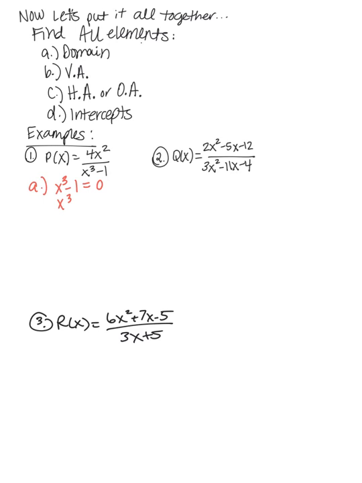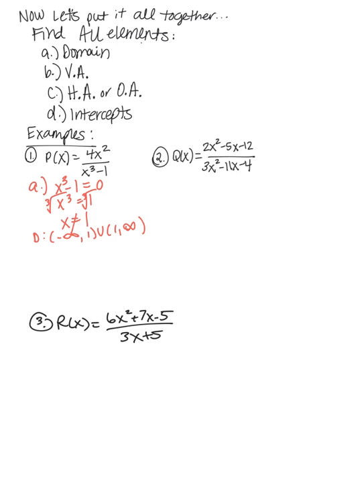So I'm going to add that 1 to the other side. I'm going to take the cube root of 1, so x is going to equal 1. Okay, but remember, with a domain, we say it cannot equal that number. So my domain is going to exclude 1: from -infinity to 1, union 1 to infinity.